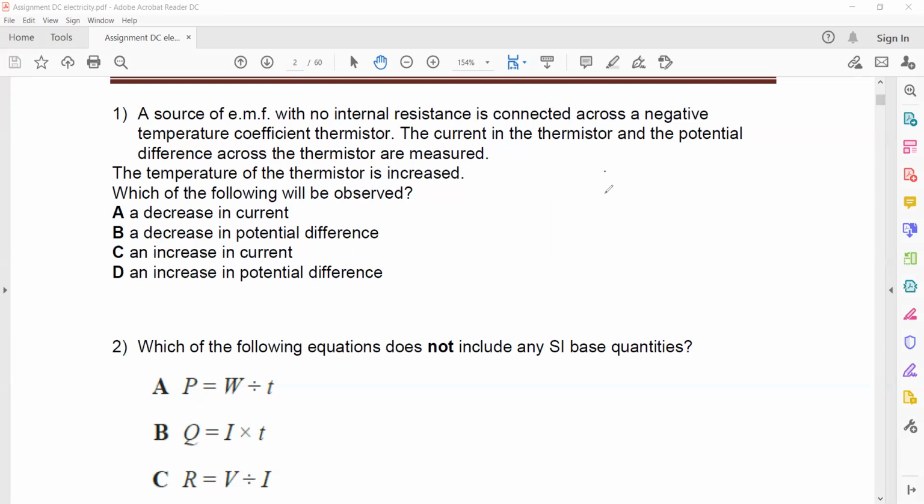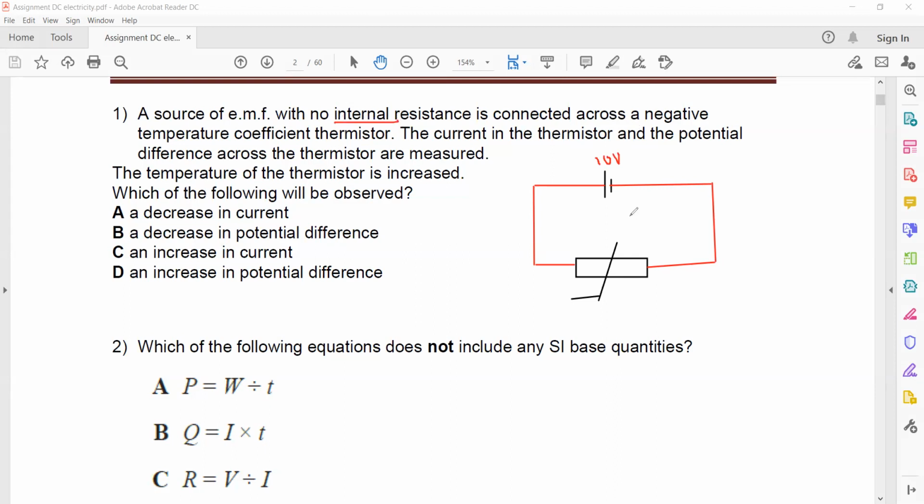So the only component present in the circuit is a thermistor with a supply. This is the circuit symbol for the thermistor. They already mentioned that it is with no internal resistance.